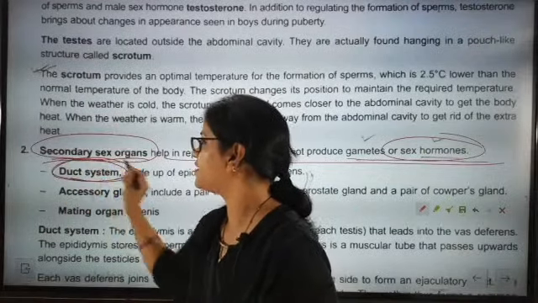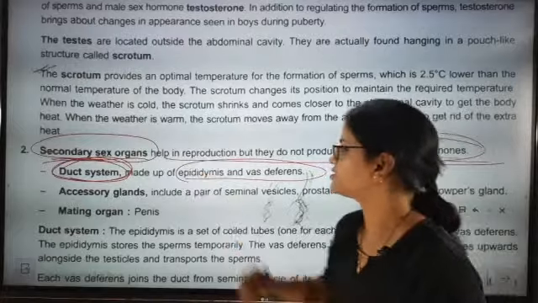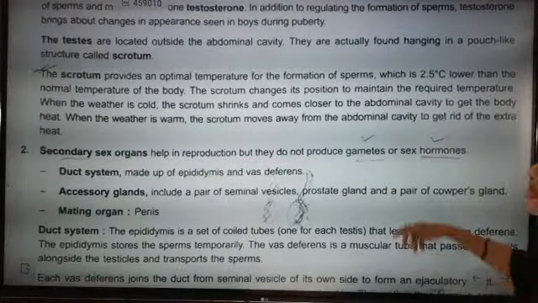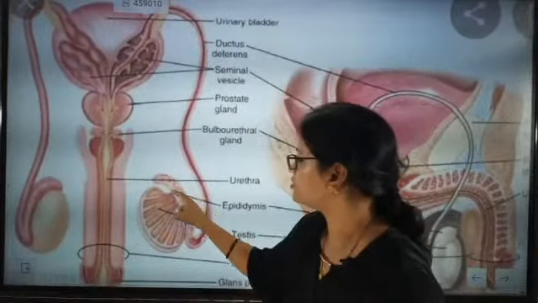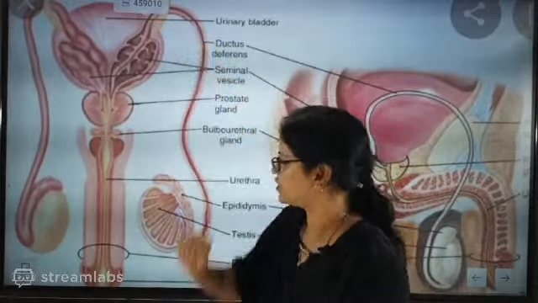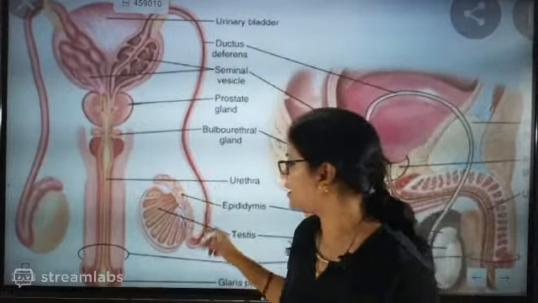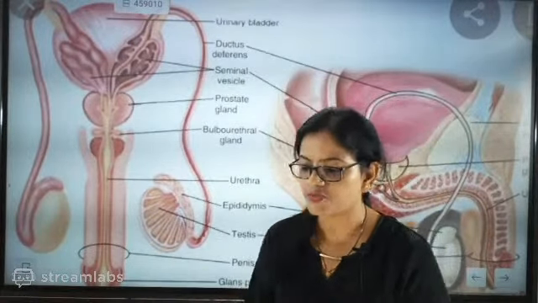What exactly is called the duct system? It is made up of the epididymis and vas deferens. So now we are going to see where the epididymis is and where the vas deferens is. This coil is called the epididymis and this part is called the vas deferens. The epididymis, this coil, is the temporary storage of sperms. So where is the sperm stored?